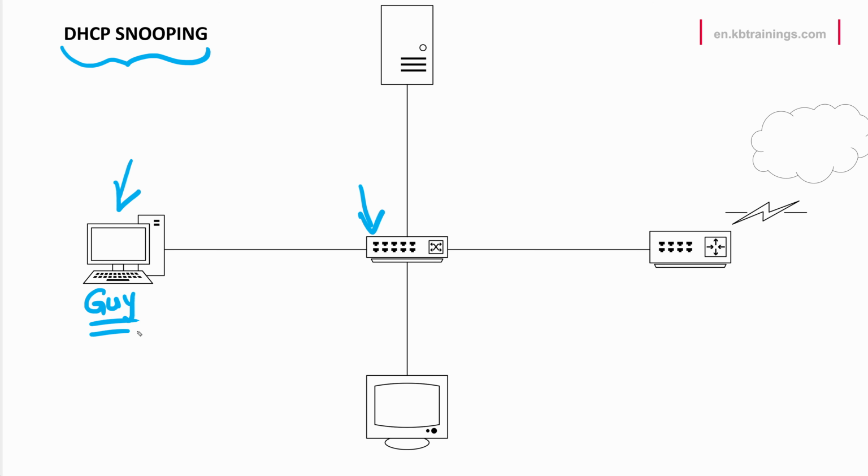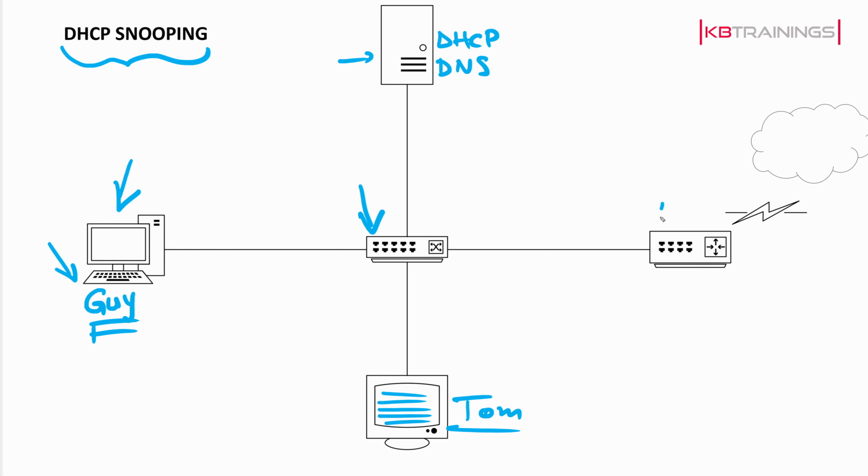If you've met a guy called Guy, he's a good guy. And then there is this guy here. This is the bad guy. That's why his computer is an old terminal. This guy is called Tom. So Guy is a member of this network, which is supposed to be a very simple network with a DHCP server and a DNS server in the same box. And then we have our default gateway going out to the internet with our ISP.